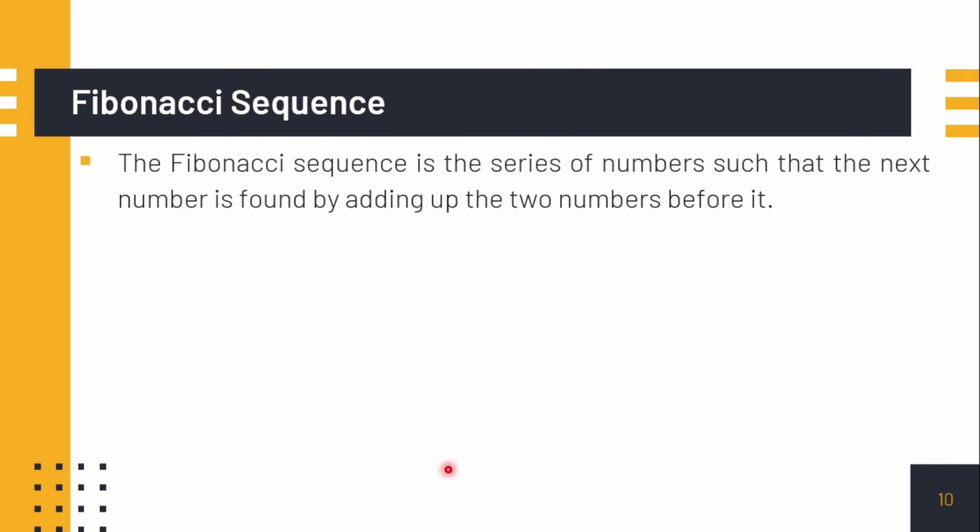Fibonacci sequence, this is included in the problem solving with patterns. So when you say Fibonacci sequence, that is the series of numbers such that the next number is found by adding up the two numbers before it. So we can use this formula.